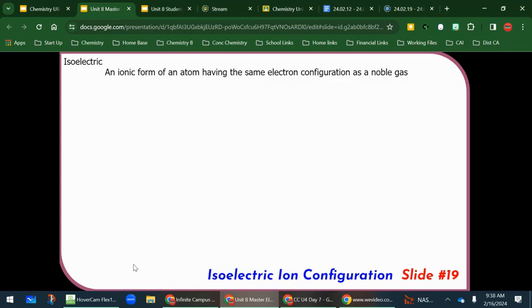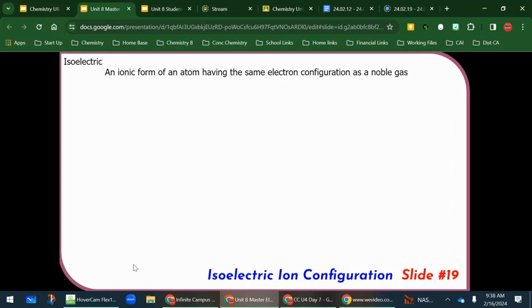What about magnesium? What about aluminum? Still neon. What about silicon? Not neon. Silicon's going to gain electrons. It's going to look like argon. What's phosphorus going to look like? Chlorine's going to look like argon.